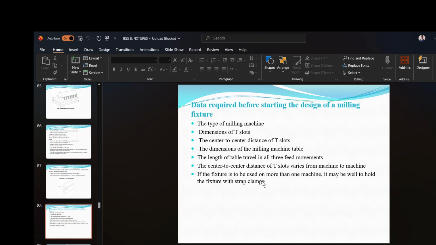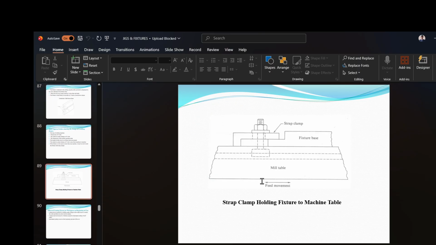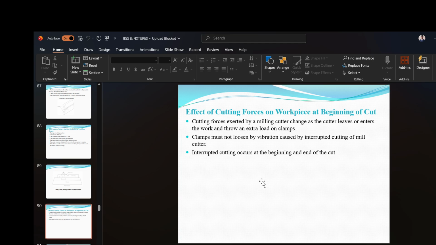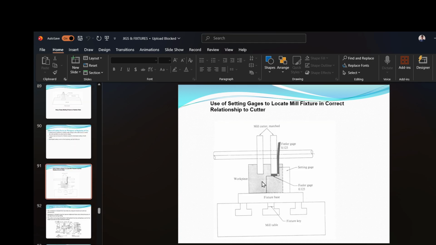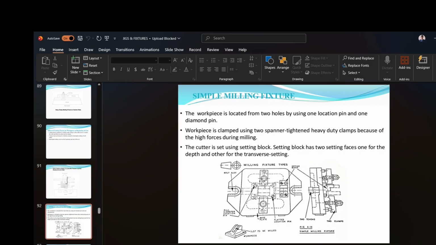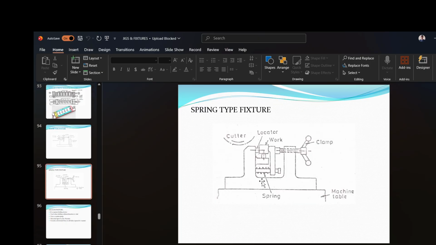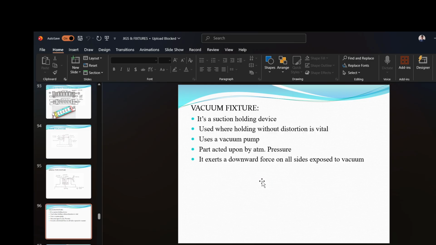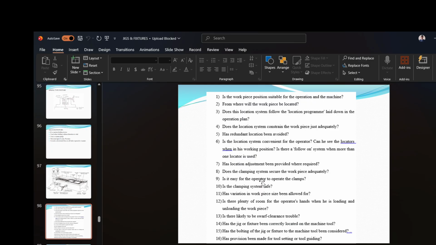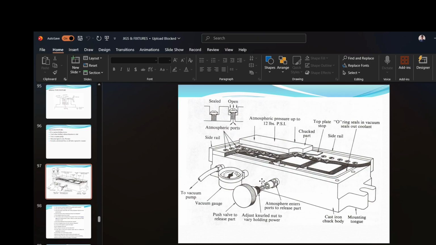Data required before starting the design of a milling fixture, strap clamp holding fixture, machine tool, effect of cutting force on the workpiece at the beginning of cut, use of setting gauges, locating the mill fixture in correct relationship to the cutter, simple milling fixture, straddle milling fixture, clamp type fixture, string type fixture, vacuum fixture. There are several points in the vacuum fixture, so you can read and write all of these.